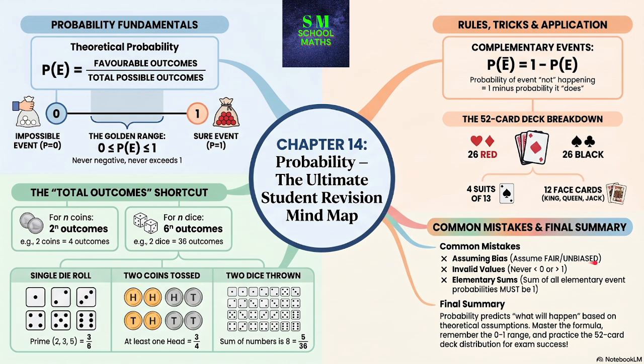Number 2, invalid values. As we covered, if your calculation gives you 1.2 or a negative number, stop. You have made an arithmetic error. Number 3, elementary events. The sum of the probabilities of all elementary events in an experiment is always exactly 1.